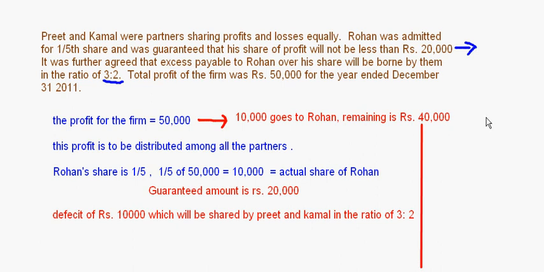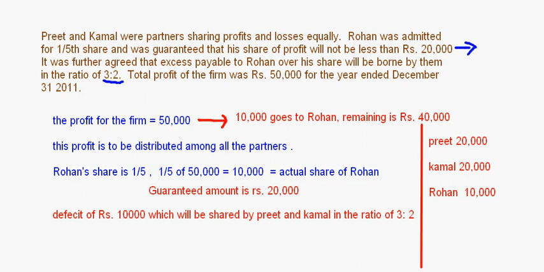So Preet gets 20,000 and Kamal gets 20,000 and Rohan is getting 10,000. So this will be the actual allocation, but the guaranteed amount for Rohan is 20,000, so that has to be adjusted.